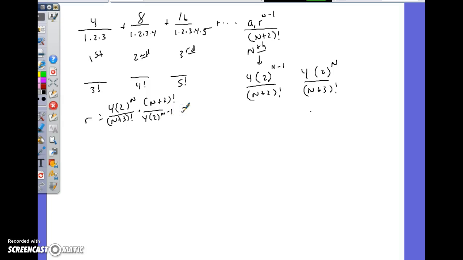Trying to simplify this. Got 4s, those cancel out. I got one more 2 on the top and the bottom, so I got 2 times n plus 2 factorial over n plus 3 factorial.